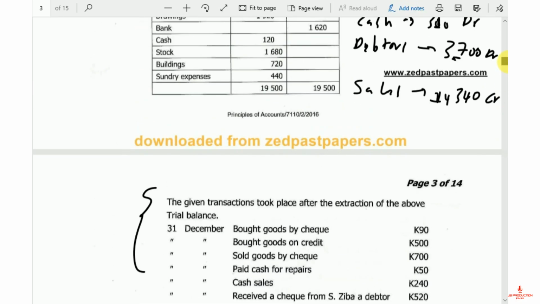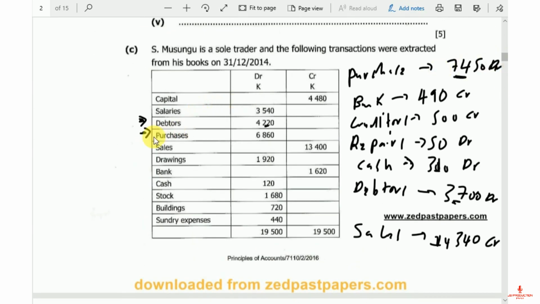Then we have sales. Sales was also affected on 31st December. That means we need to get the updated figure, and the updated figure there we have 14,340, and that had a credit balance.